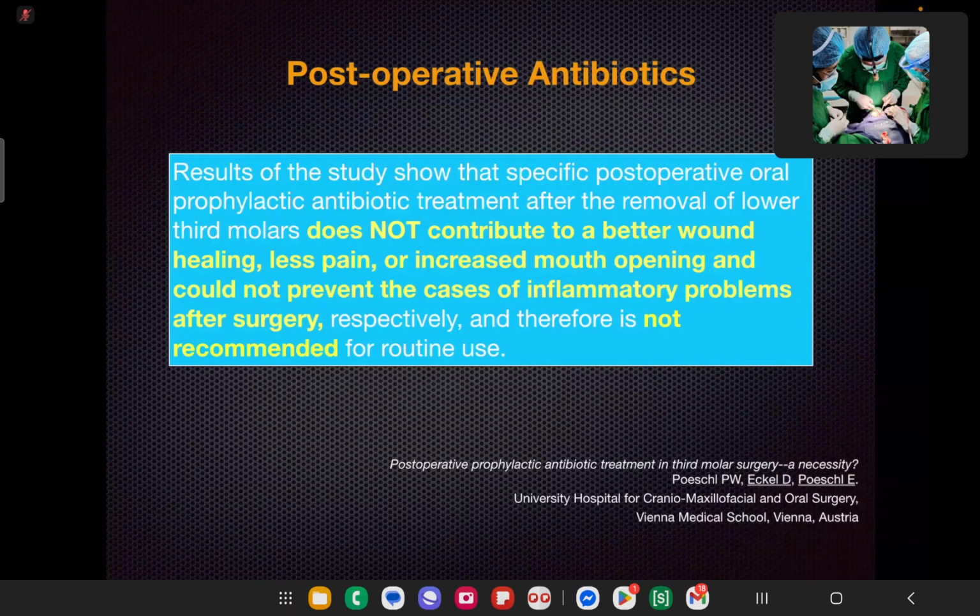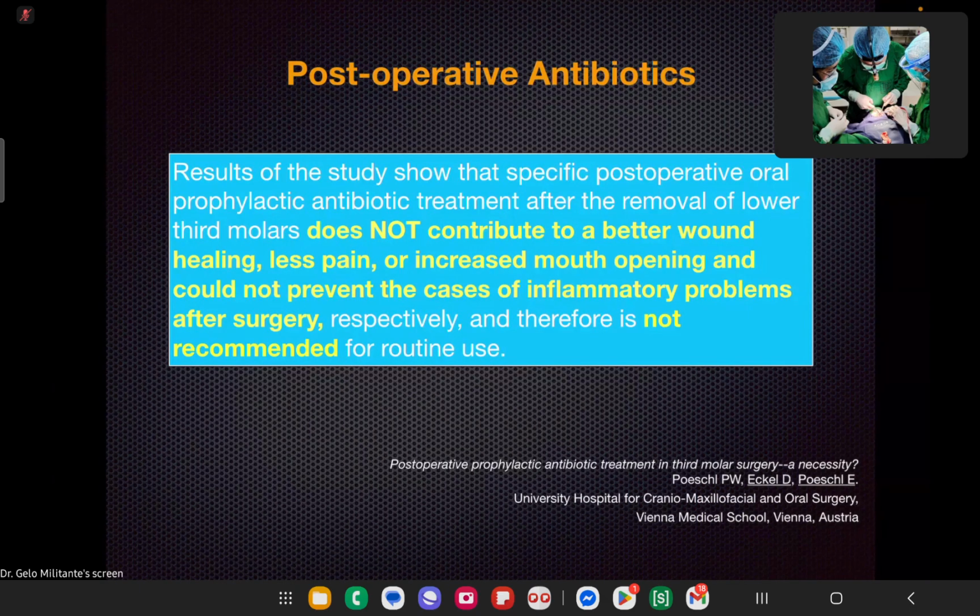So if you think that you can prevent post-operative infection, post-operative healing problems, or post-operative swelling through an antibiotic, you are mistaken.